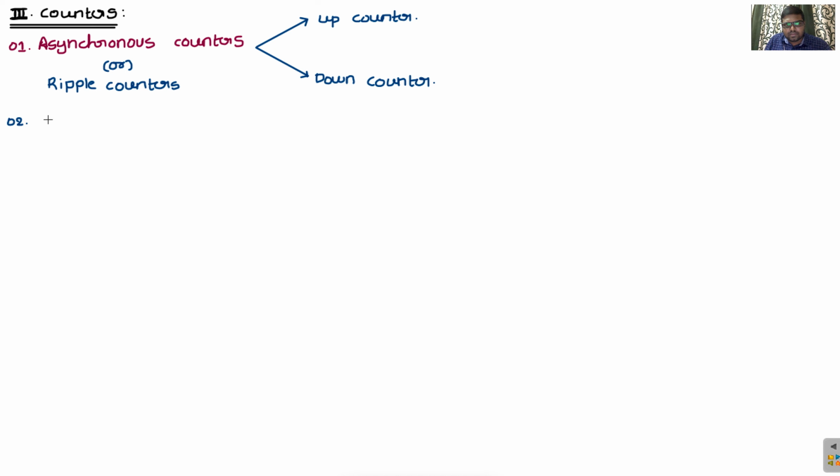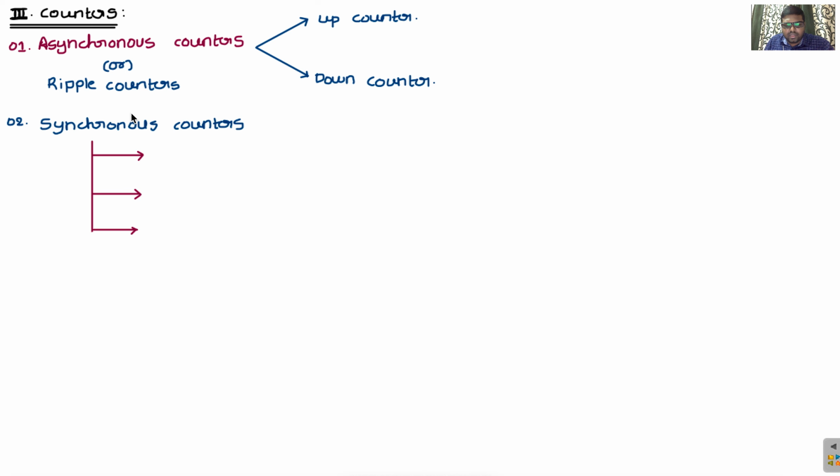synchronous counters. Synchronous counters again classified into three types.